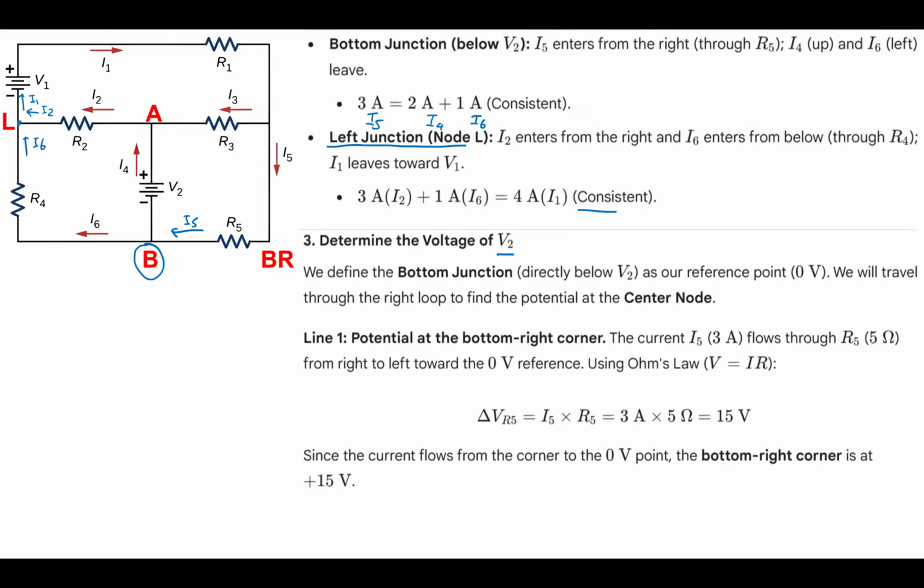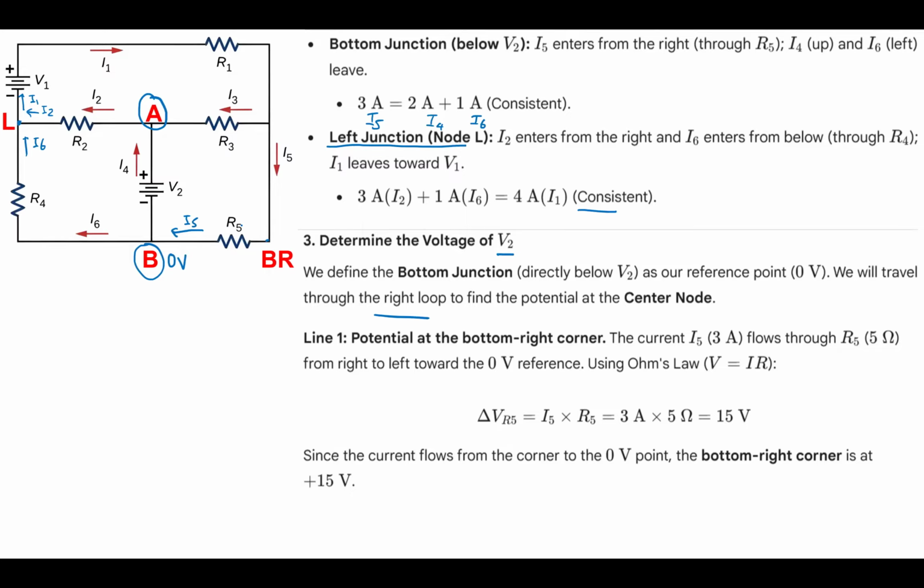So we take the bottom junction as our reference voltage point. Once again, similar to before, this is the minus, a kind of ground, so 0 volt. We will travel through the right loop to find the potential at the center node here. We want to find out the potential at the bottom right corner here.